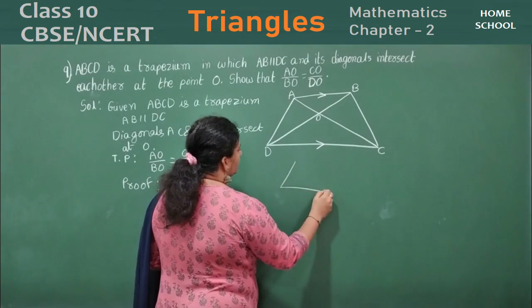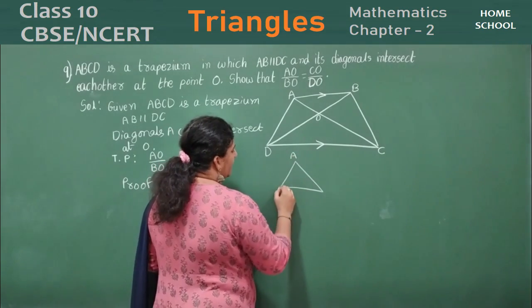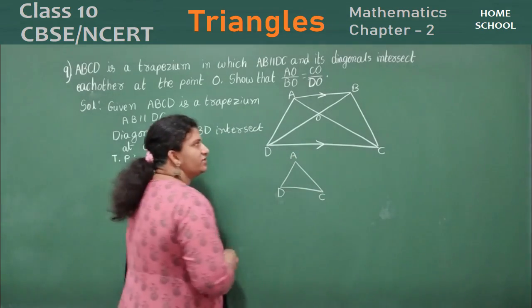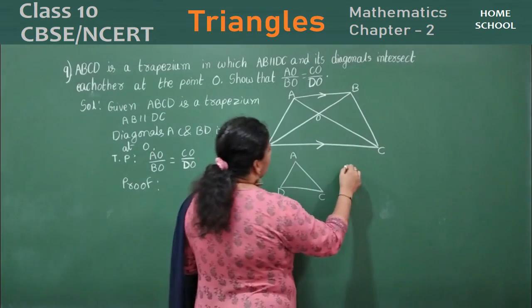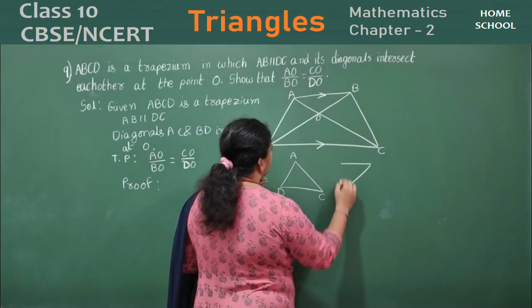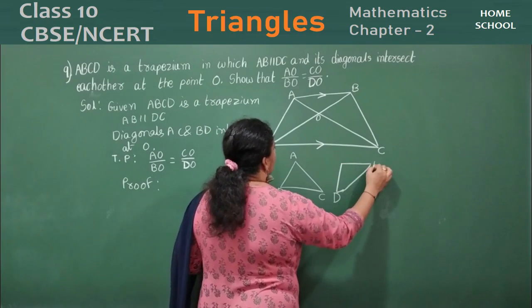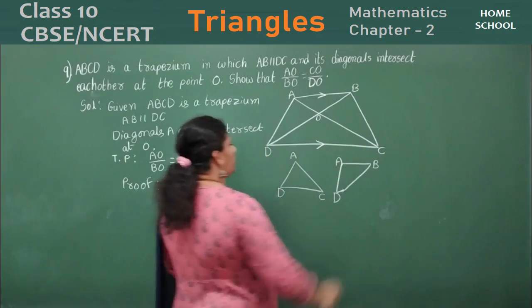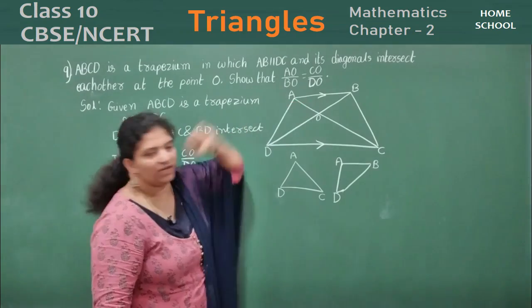So let me draw the triangle here. What is that triangle? ADC. Can you see the triangle ADC? Now one more triangle, that is DBA or ABD. See, ADC and ABD.